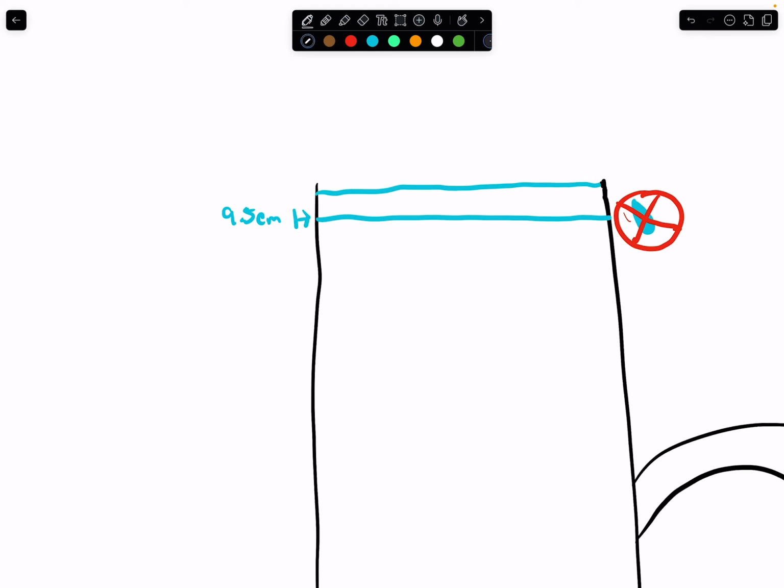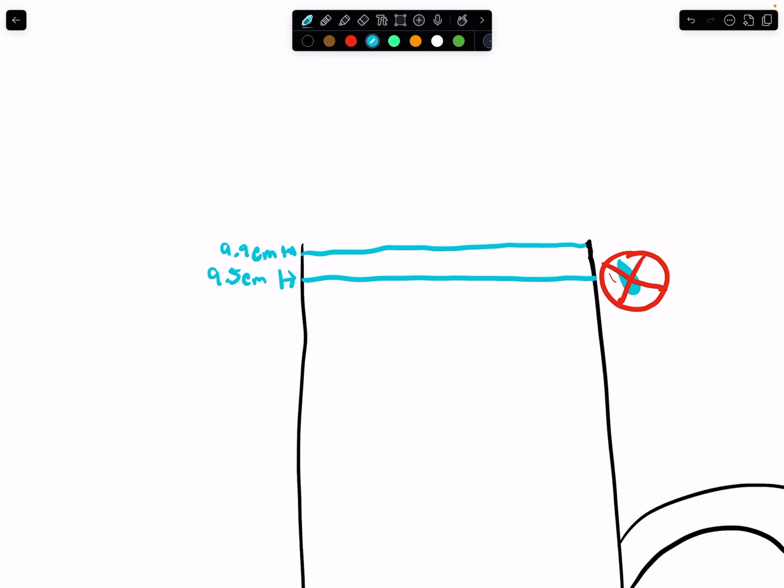And he gets up to 9.9 centimeters. And let's say even here he's not happy. So he actually pours again. And somehow he gets 9.99999 centimeters.